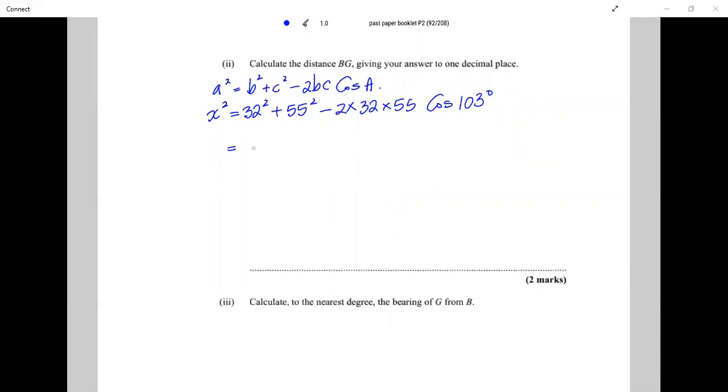So 32 squared is 1024. 55 squared is 3025, minus 2 times 32 times 55, which is 3520. And this is cosine 103 degrees. All right, just working down a little bit more.